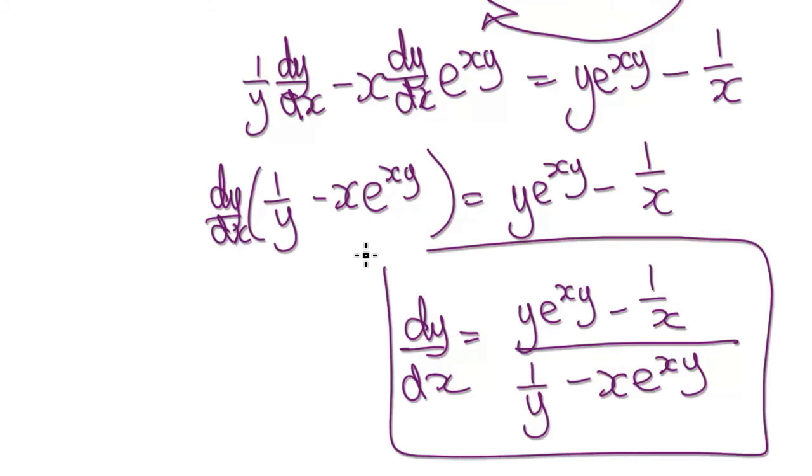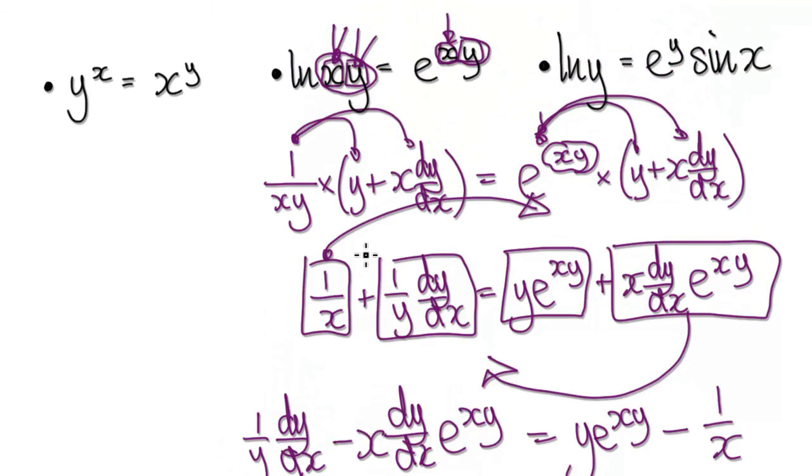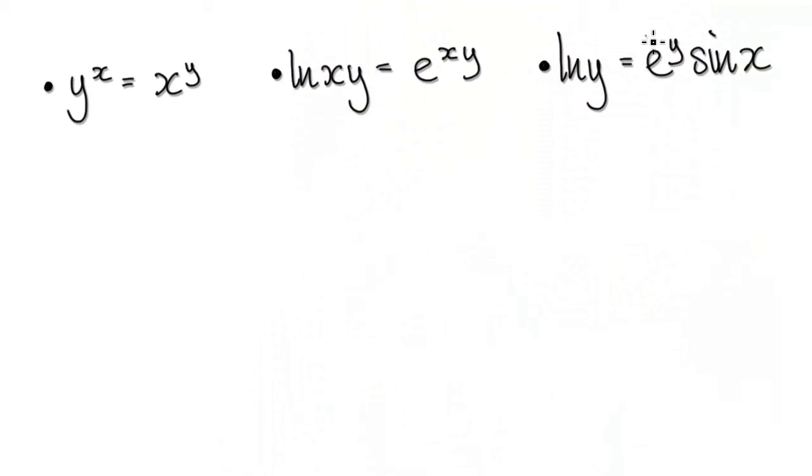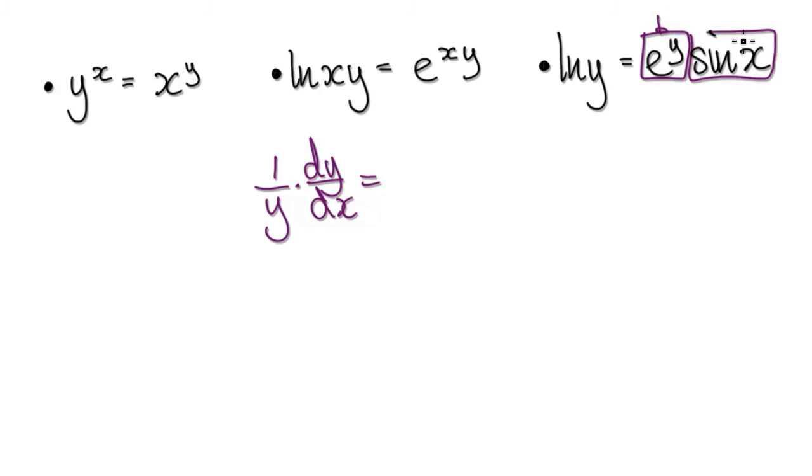Okay, and the last one, here you've got to use the product rule, because this thing here is a variable, this thing here is also a variable, so you've got to use the product rule. So let's differentiate this now. So differentiating this will be 1 over y, and then because y is a function of x, we've got to stick dy by dx in here, equals, now the product rule, differentiate the first, leave the second alone.